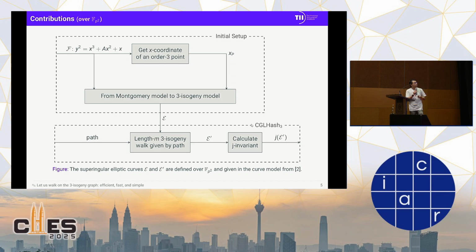In this scenario, the isogenies are calculated by radical calculations. In this case, it's cube root calculations. For 2-isogeny chains, let's say the CGL2, you compute the square roots. You can do it also for 5, 7, so you compute 5th roots, 7th roots, and so on.